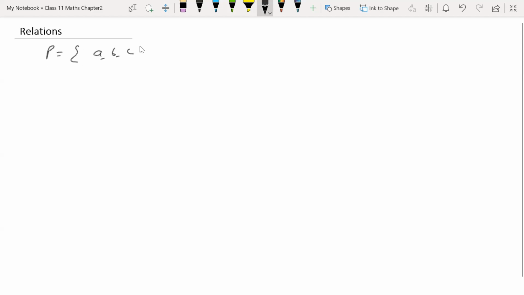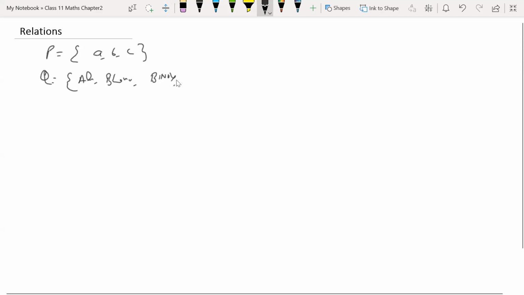A, B, C is a set P. Another set is Q. Q is a set of forenames: Ali, Bhanu, Binoy, Chandra and Divya.